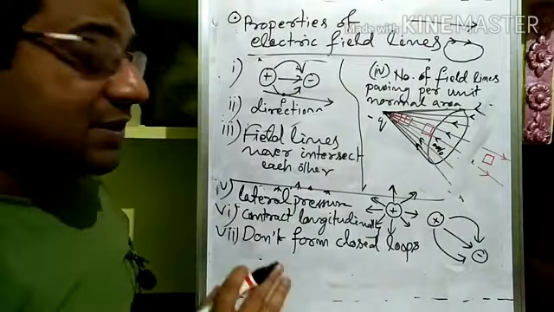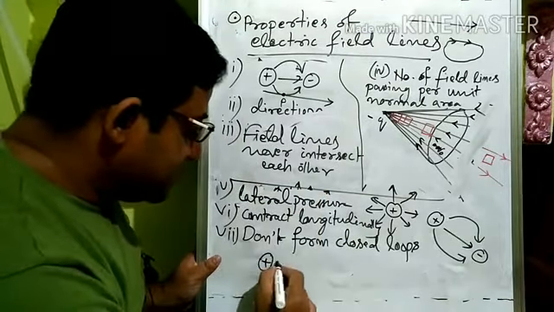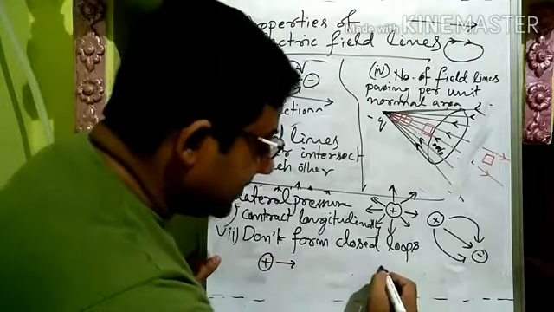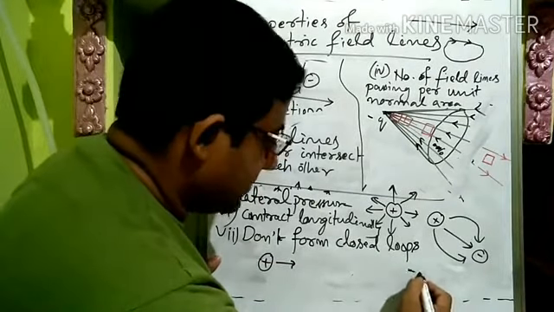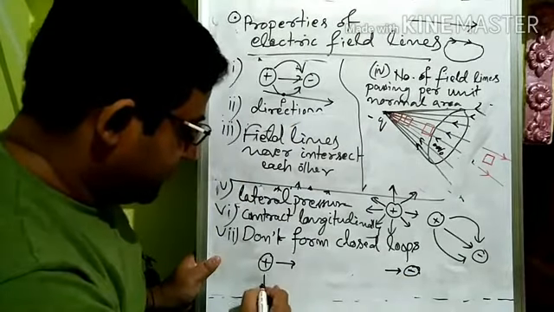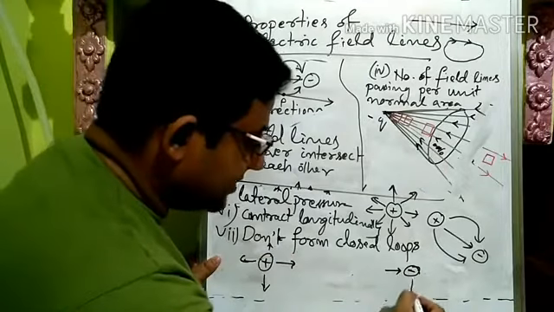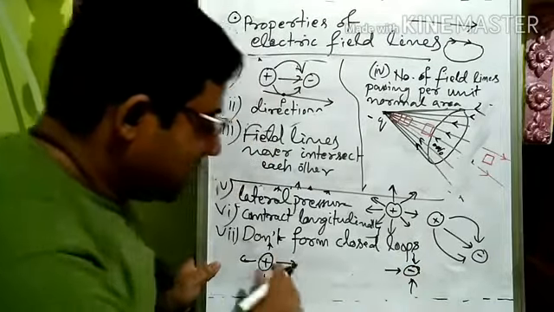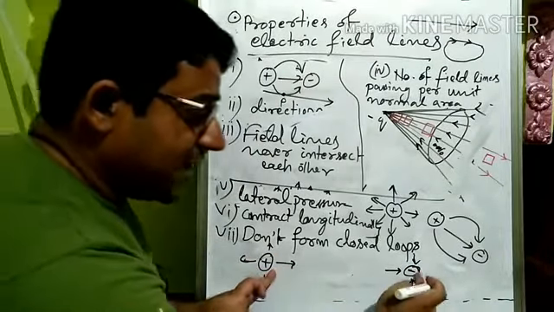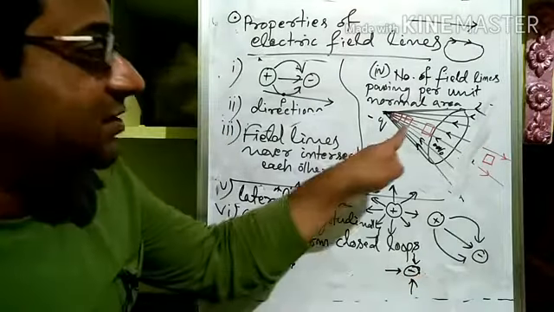But in between, what happens? There is a plus charge from where it is coming out, and there is a minus charge where it is going in. So from here, if you show like this to there, it is coming like this. Near the plus charge or near the minus charge, it will be in this nature.